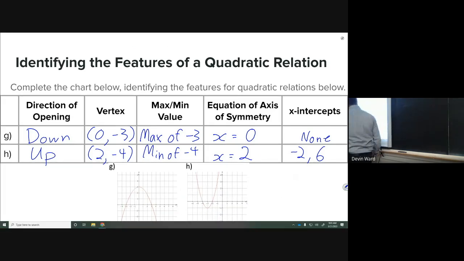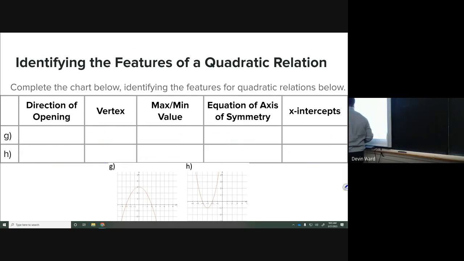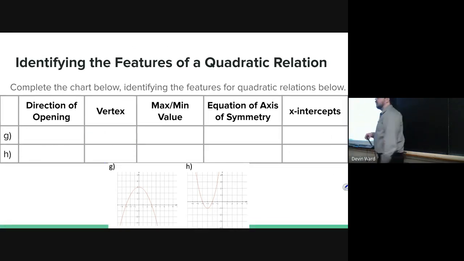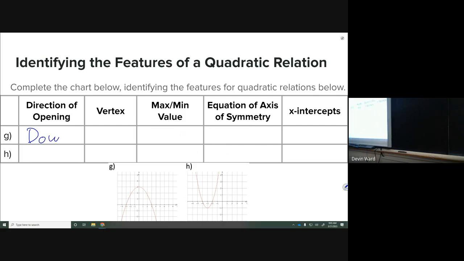Last 2, then we're done early for today. G, is it going up or down? Down, good. And where's our vertex? Vertex would be 0 and 3, perfect. So because it's going down, that means we have a maximum.